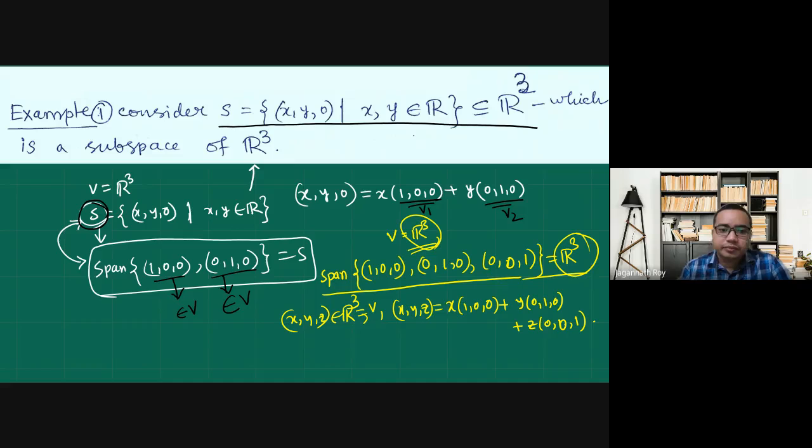So the span of these three vectors is actually R3. Hereafter we will call these unit vectors, identity vectors. We call them E1, E2, and E3. Since they are in standard form, we will call them standard unit vectors.